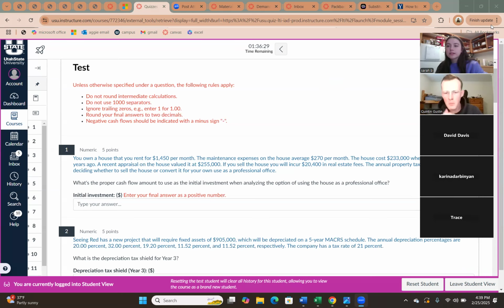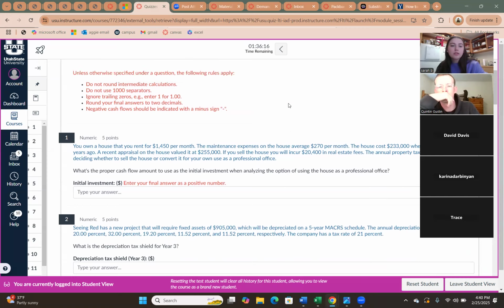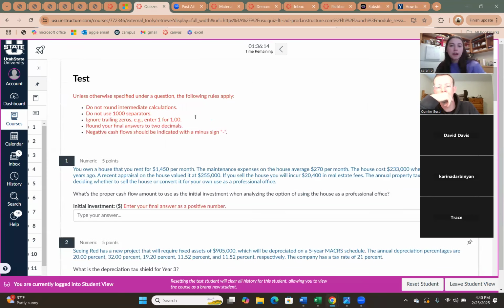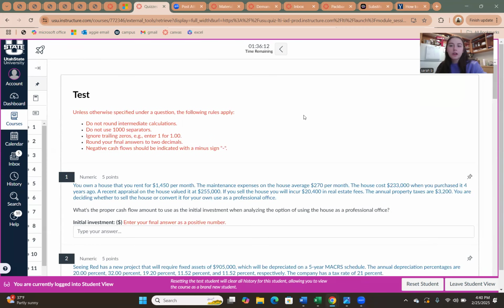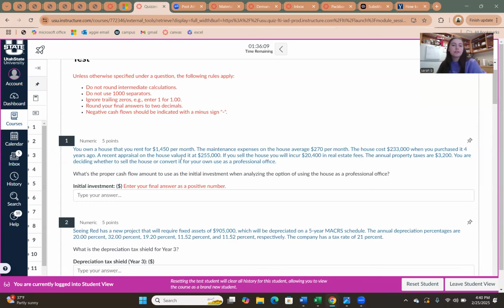Okay, question one, here's the practice test. You own a house that you rent for $1,450 per month. The maintenance expenses on the house average $270 per month. The house cost $233,000 when you purchased it 4 years ago. A recent appraisal valued it at $255,000.